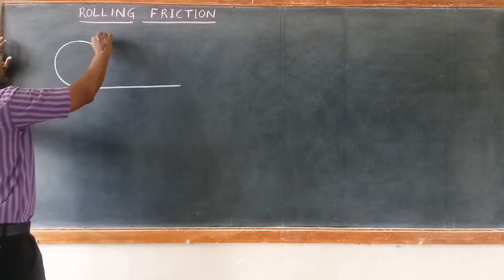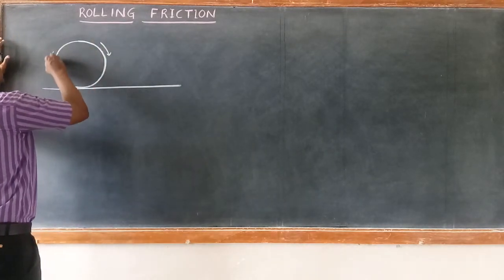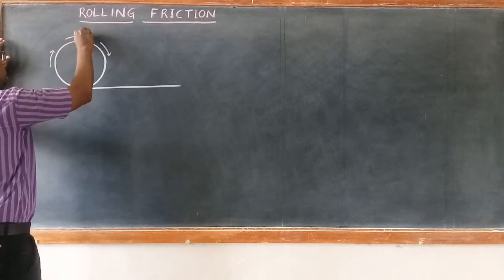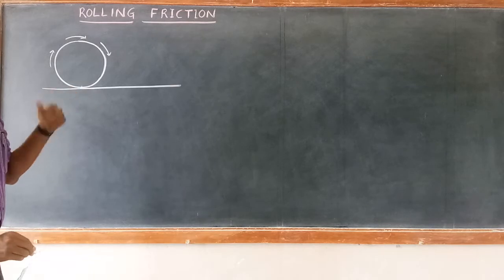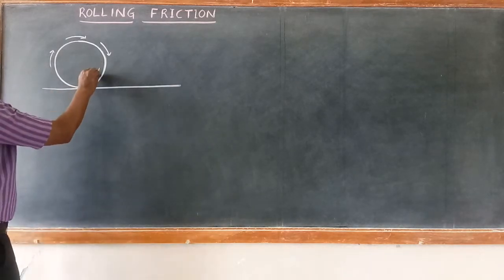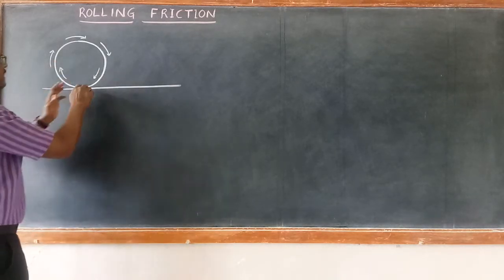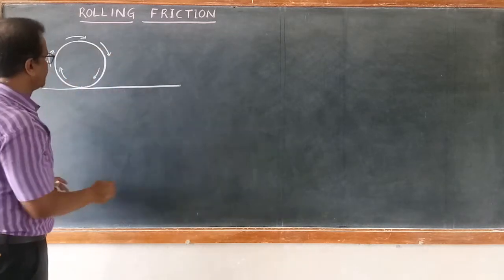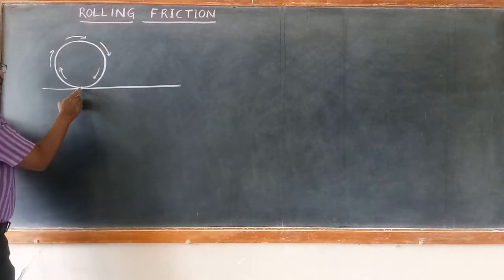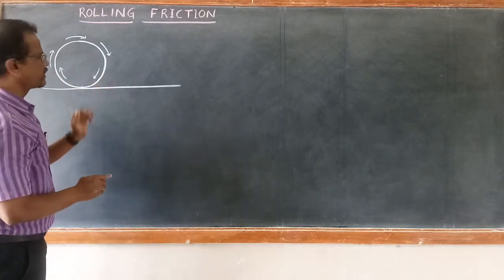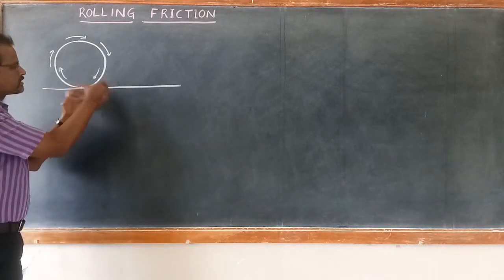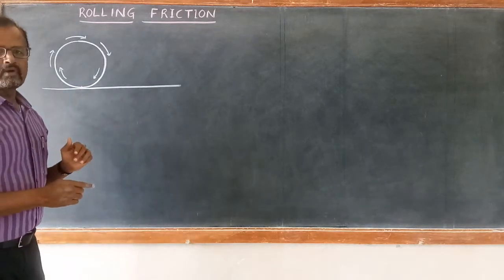When the ring is rolled, see here, practically there is only one point that is coming in contact. When the ring rolls in this fashion, next moment this ring will be here. At that moment, the point which was in contact previously will not be in contact with the surface. Next points are coming in contact.